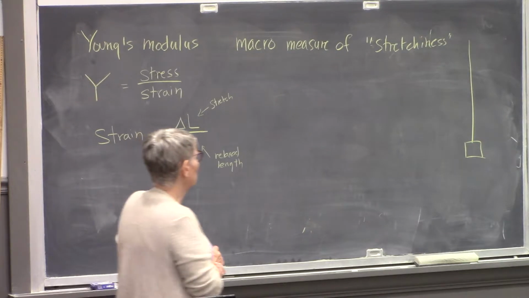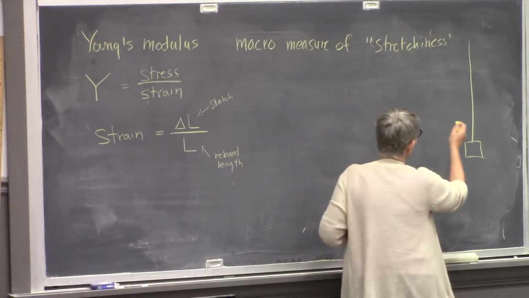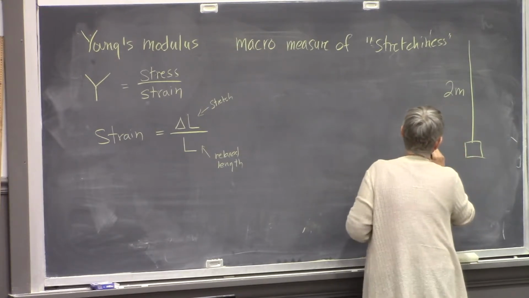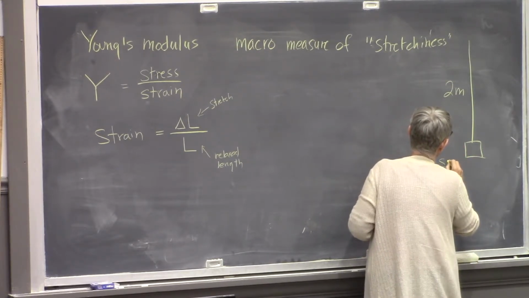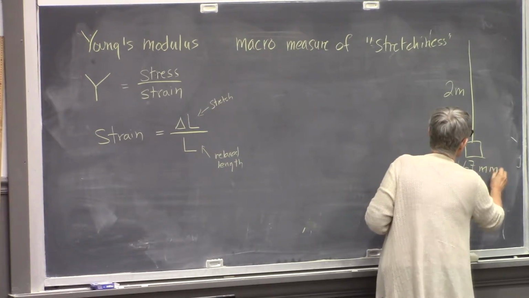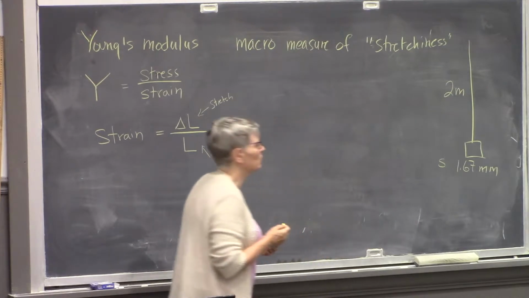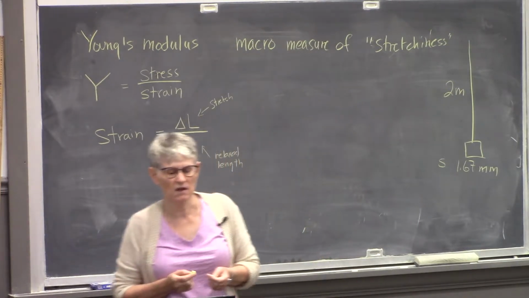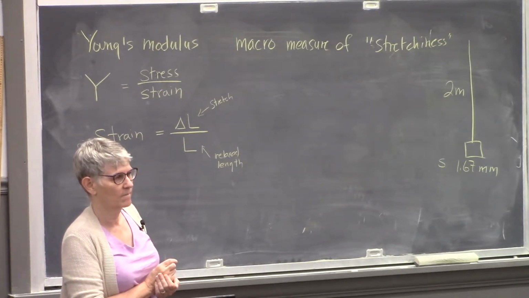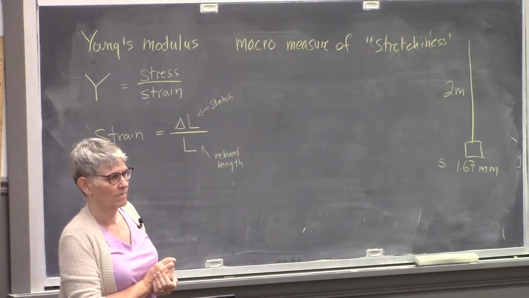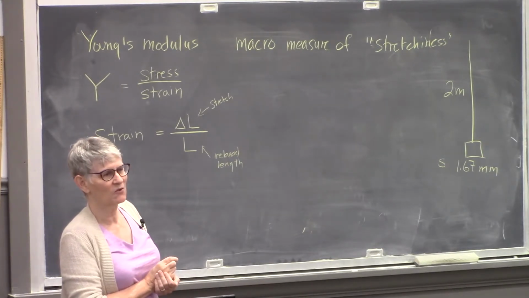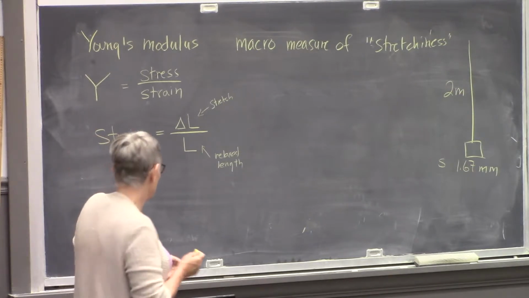Okay, so in our example before, we had a copper wire that was 2 meters long, and it stretched 1.67 millimeters. So how would we calculate the strain here? Find the difference.